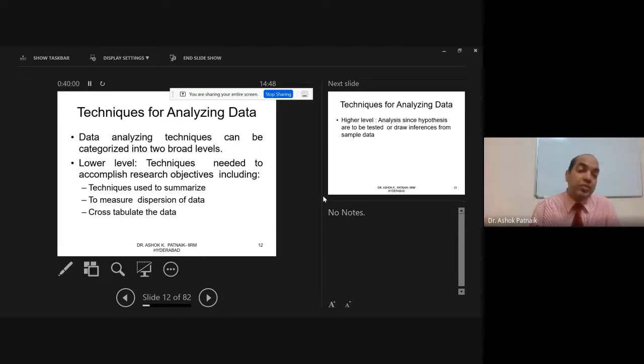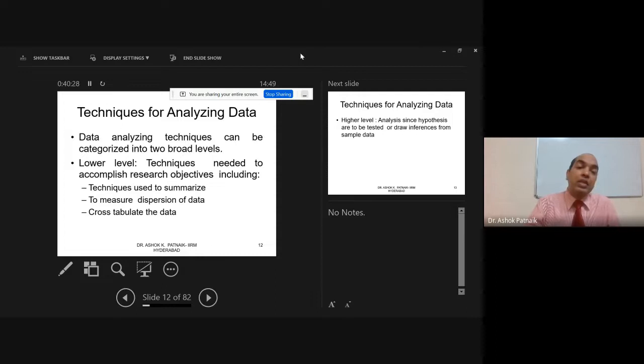Whatever the research objective you have set, you try to find out that, or you try to limit it to that thing. Like the techniques which are used is summarizing. Summarizing is like bringing all things together, and measuring the different dispersion of data. And also you try to do some kind of cross tabulation of the data. I will try to explain that a little later.